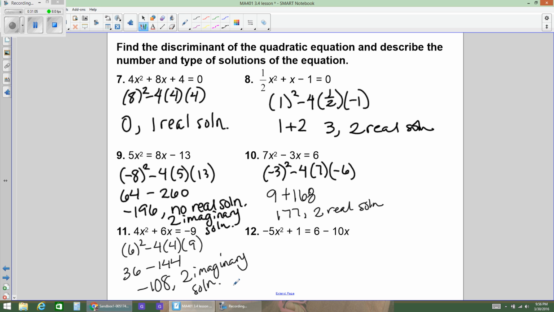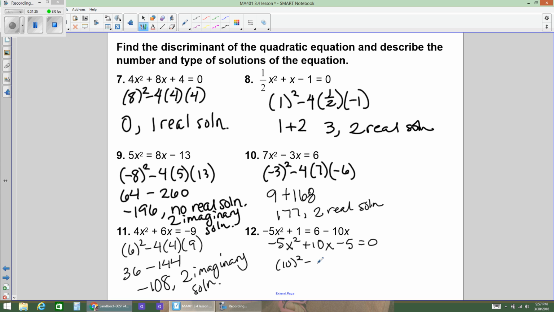Okay, number 12. Got a little bit more math here to do before I can do math. I'm going to add the 10x to the other side and subtract the 6. So I get negative 5x squared plus 10x minus 5 equals 0.